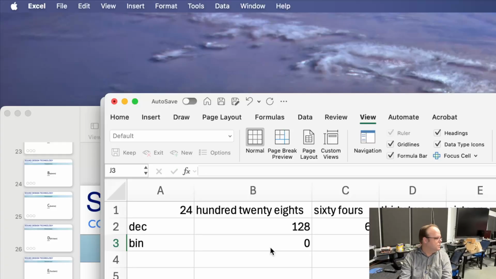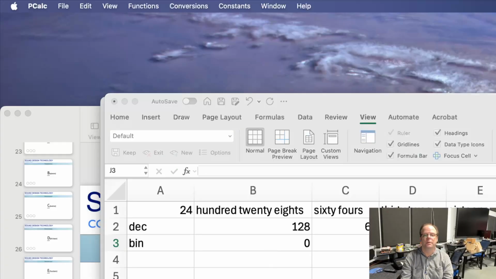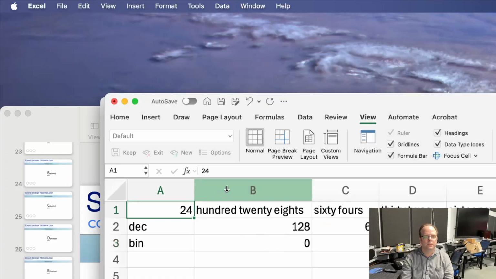So 1, 1, 0, 0, 0. Let's check our work, shall we? Binary is 11000. In decimal, that's 24. Let's do another one. Pick a new number.